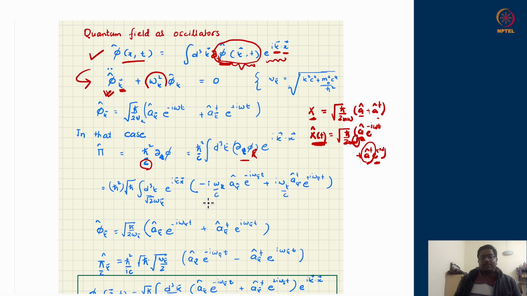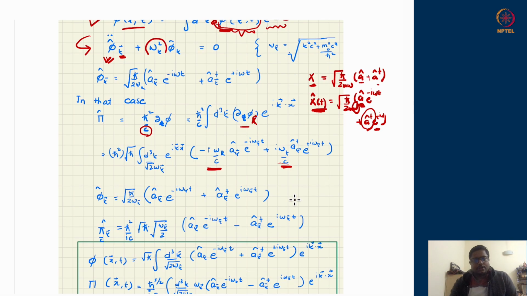So the derivative operator will throw this and that. Okay, so this would be my definition of pi. There will be a relative sign difference, and there will be i's coming from the exponential derivatives.